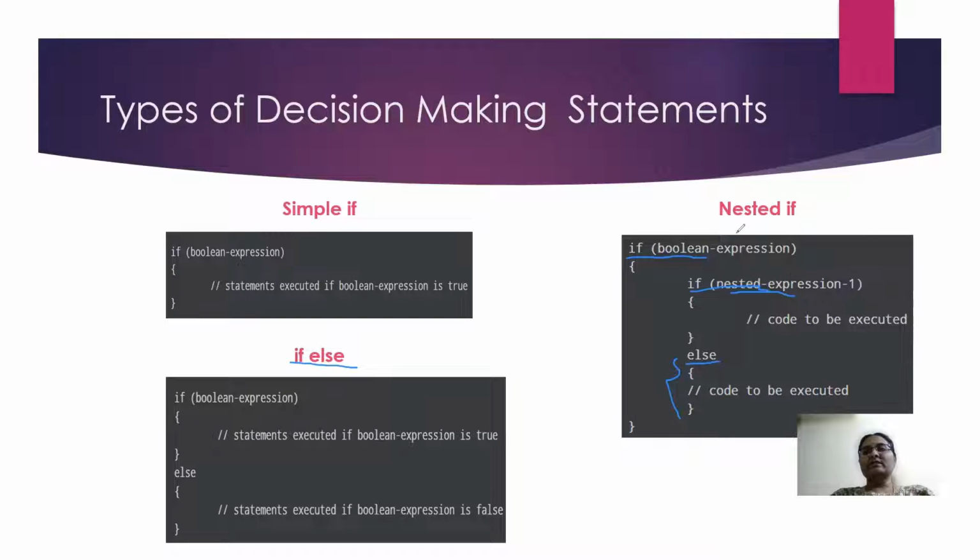Only if both these if conditions evaluate to true can the set of statements inside this inner if be executed. If this inner if evaluates to false, then it will switch over to the else part. Here you can display that the person is underweight, so not eligible to donate blood. This is the purpose of the nested if statement.